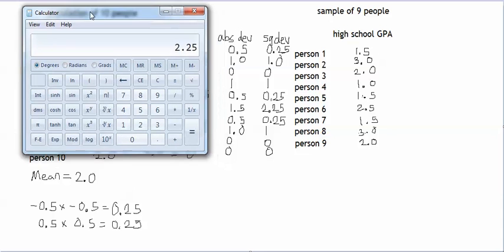Let's see what that would equal. Looks like they add up to 6.